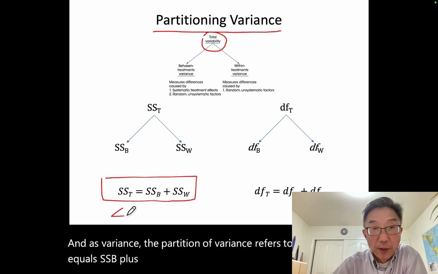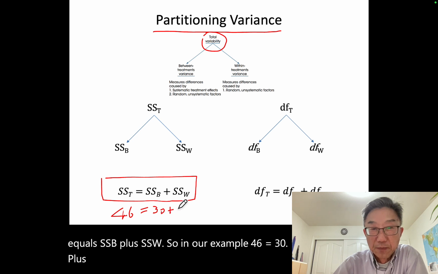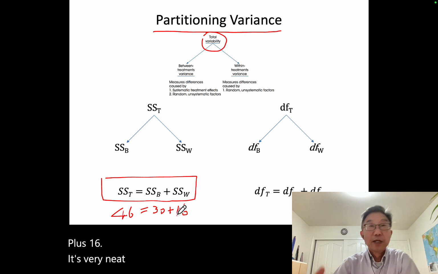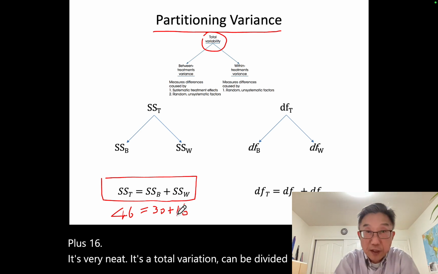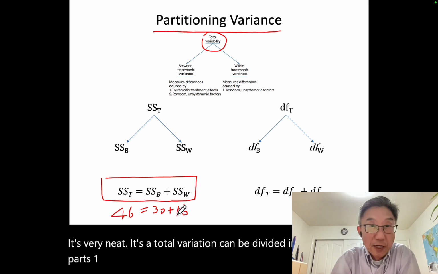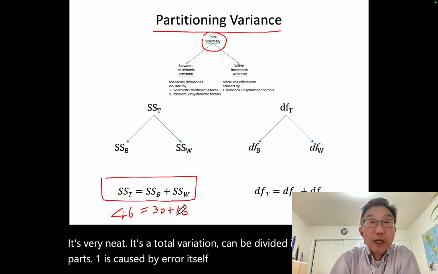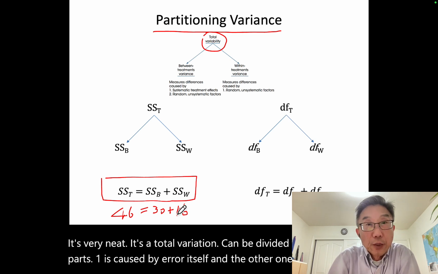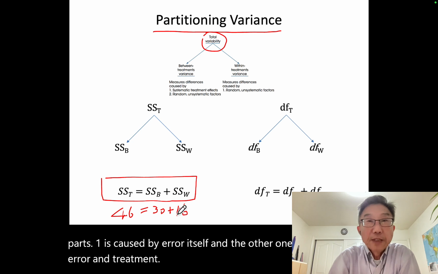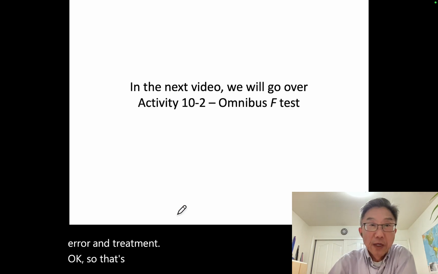So, in our example, 46 equals 30 plus 16. It's very neat. The total variation can be divided into those two parts. One is caused by error itself, and the other one is caused by error and treatment. Okay, so that's the partitioning of the variance.